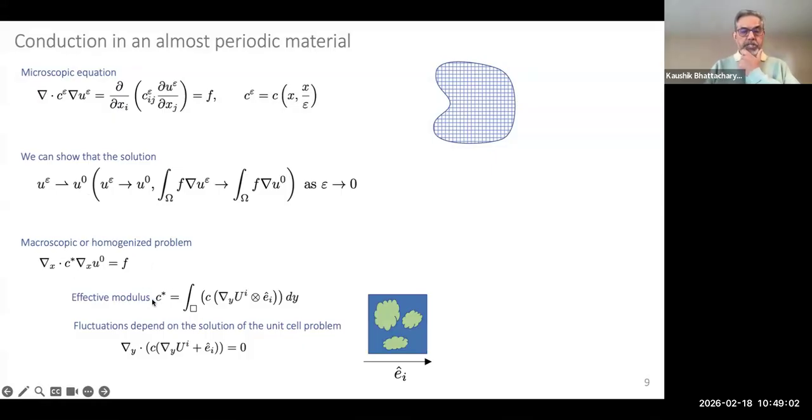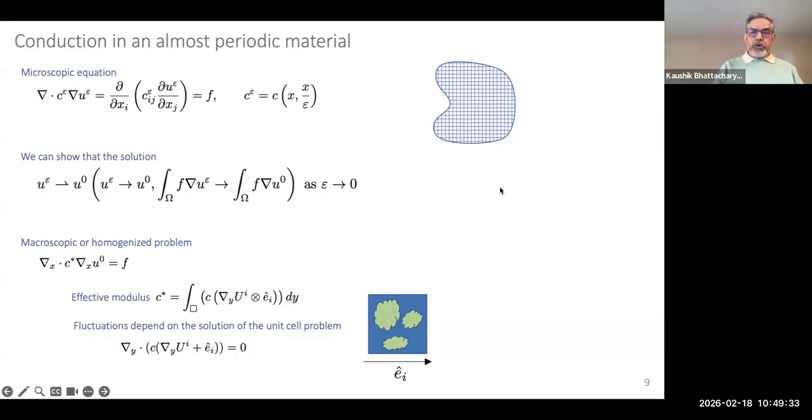And basically, C star is given by some formula here, which depends on solving the unit cell problem, right? So you apply some average field E hat in certain direction, and then you solve this problem, and then you get basically C star, right? And my understanding is that Karthik actually went over this using two-scale expansion.